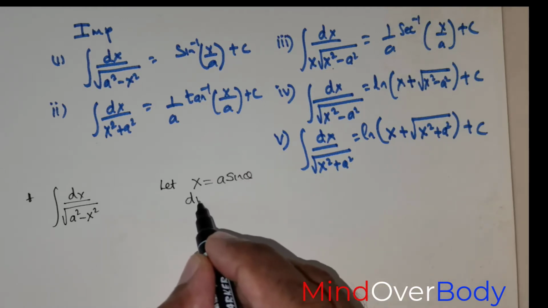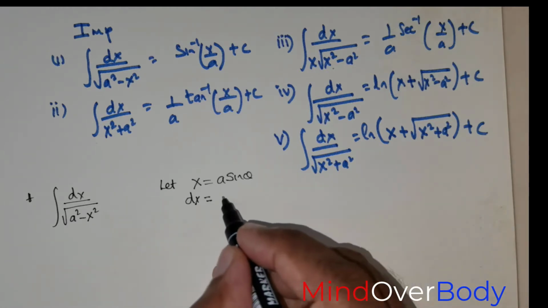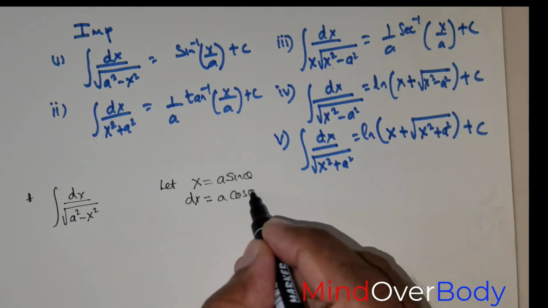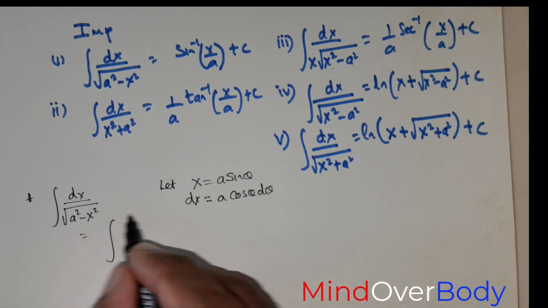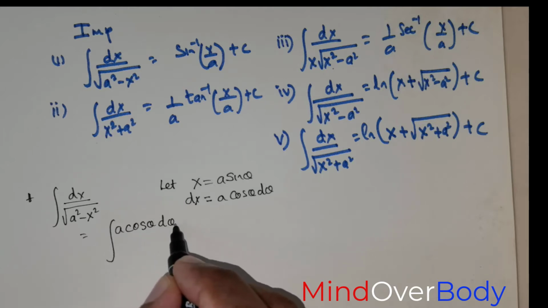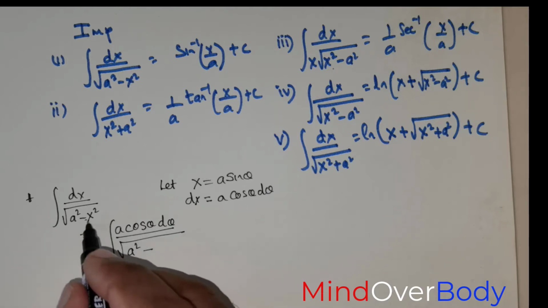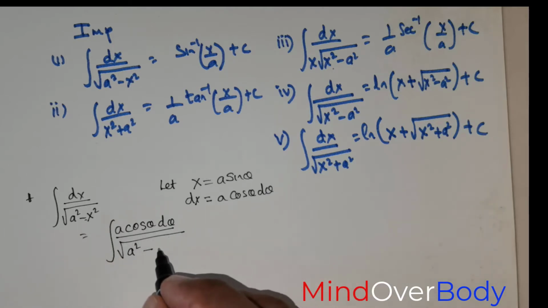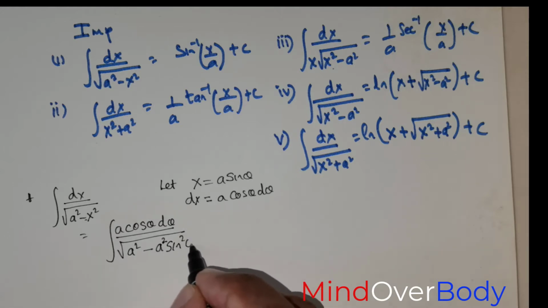I differentiate both sides, so dx is equal to a times cos theta d theta. So this can be rewritten as, in place of dx, I substitute a times cos theta d theta divided by the square root of a squared minus, in place of x, a times sine theta, so that's a squared times sine squared theta.